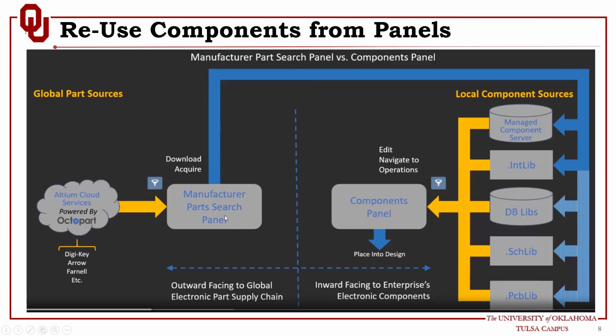Again, the manufacturer part search panel is a kind of managed content panel or managed based component. The component panel is file based components located on your machine. Now here, this manufacturer part search panel is linked or connects into Altium Cloud services powered by Octopart.